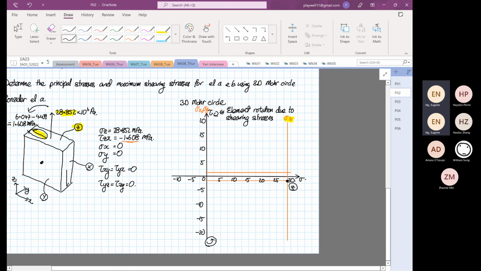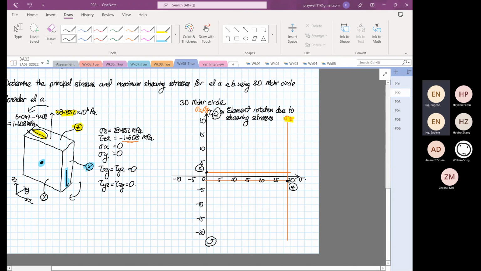And now we look at point X. This arrow over here, if you put your finger at the center, will generate a clockwise rotation. So this is clockwise, and this is your point X. And some of you will ask me, where is our point Y?